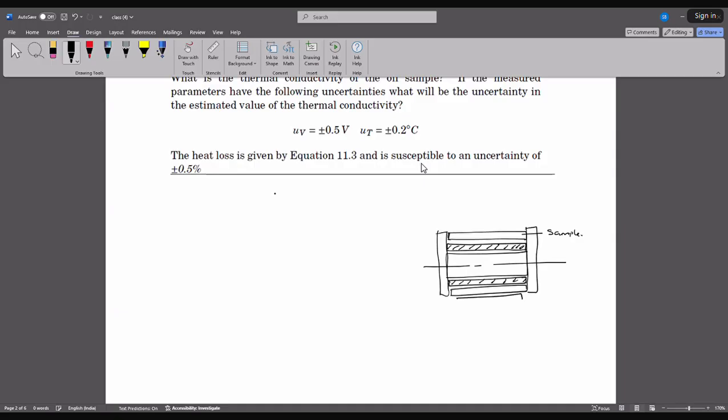Then you have some kind of flow scenario. Basically the gas or fluid whose temperature you want to measure gets in here, goes in the circumferential direction and exits there. So this is the scenario.